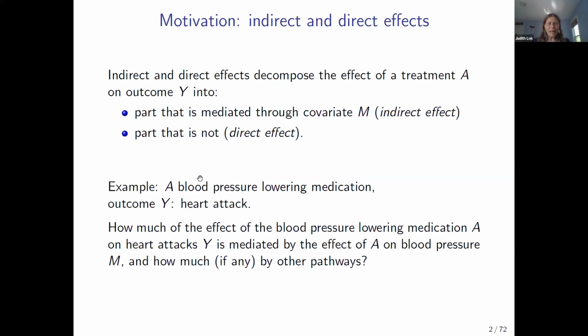For example, A could be a blood pressure lowering medication. The outcome Y could be heart attacks, yes or no in this case. And the mediation question in this case would be how much of the effect of the blood pressure lowering medication on heart attacks is mediated by the effect of that medication on blood pressure, and how much, if any, is going through other pathways.